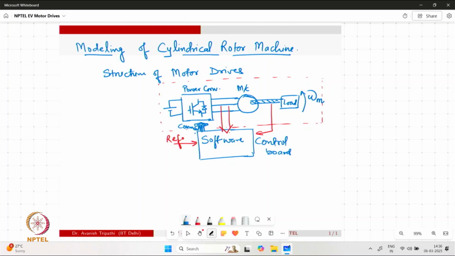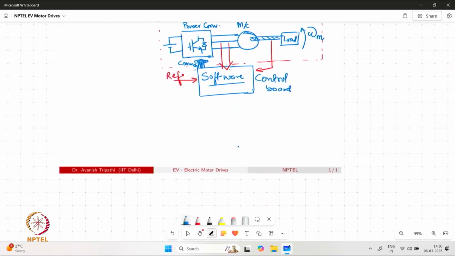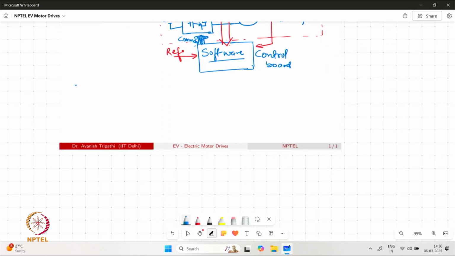Now, the software which I am referring to could be a program or could be a model written on some Simulink based system. So it depends essentially on the type of system we are dealing with, and the requirements we have from the system.